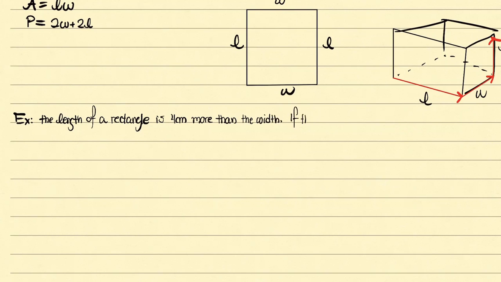If the perimeter is 44 centimeters, what are the dimensions? The dimensions being length and width.